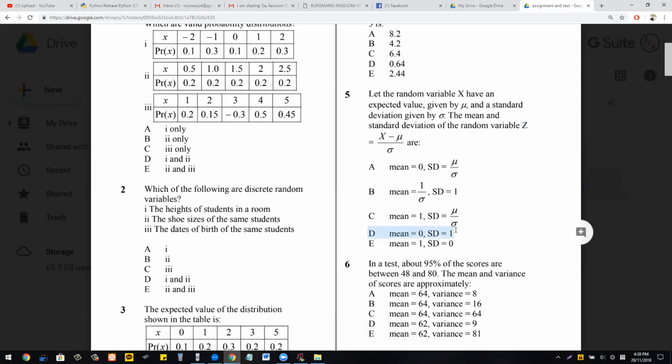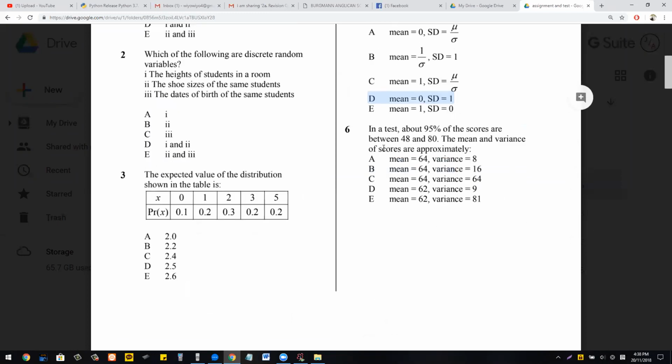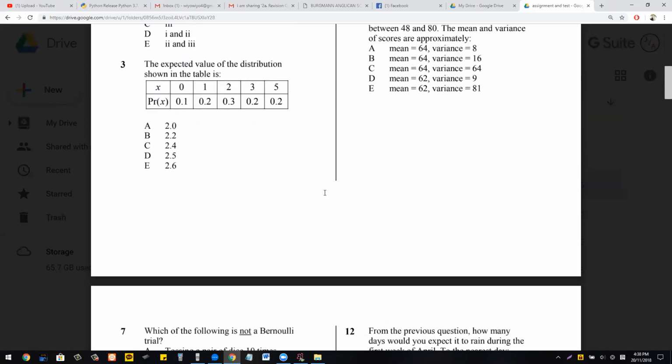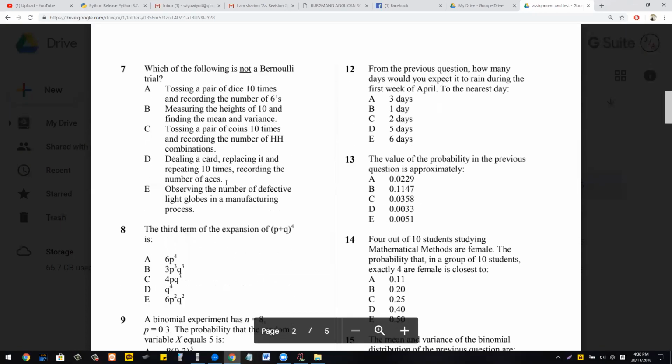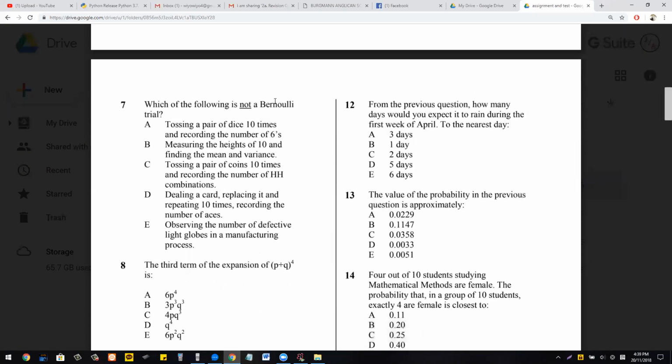Okay, so no worries. Question 6 here. In a test, about 95% of the scores are between this and this, so you can figure this one out yourself. Which one of these is a binomial distribution? Which one of these is not binomial? B. B is not, right? So that's all good.